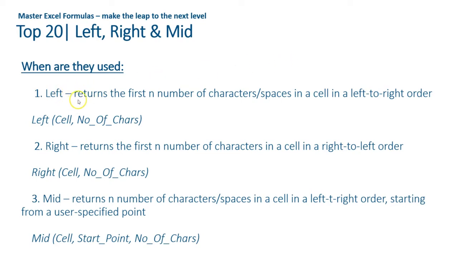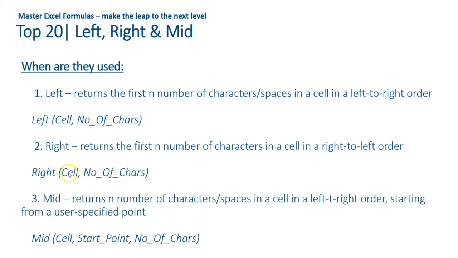The LEFT formula returns the first n number of characters, or spaces, of course, in a cell in left to right order. The structure of the formula is, first we need to enter the cell, and after that we need to specify how many characters we need to extract from that cell. The RIGHT formula is the opposite of the LEFT formula. It starts from the right and goes to the left, and again the structure is pretty similar.